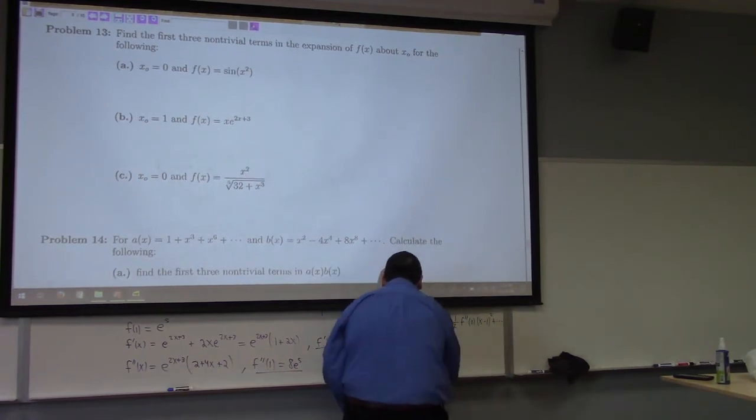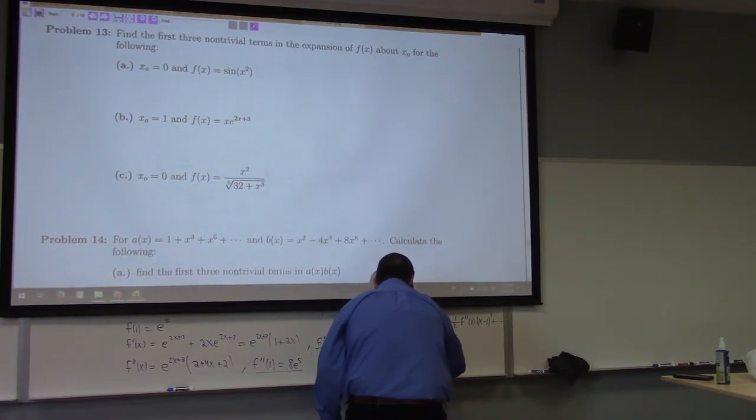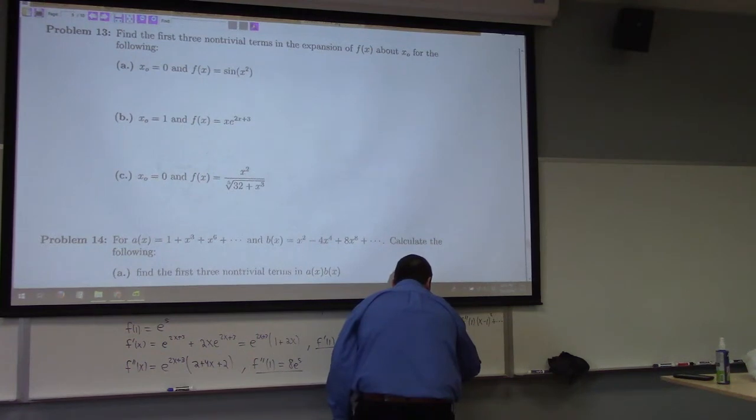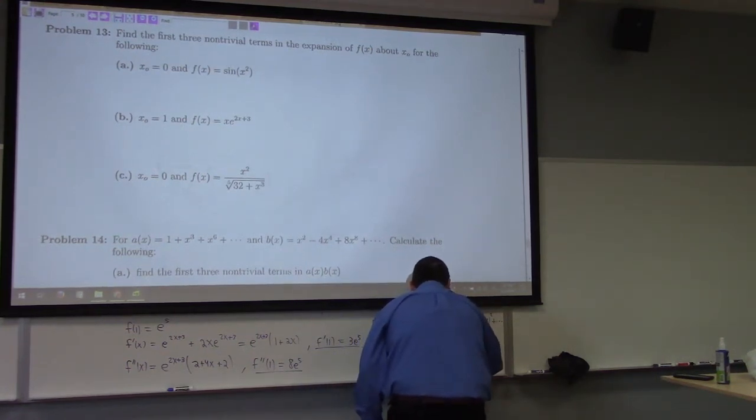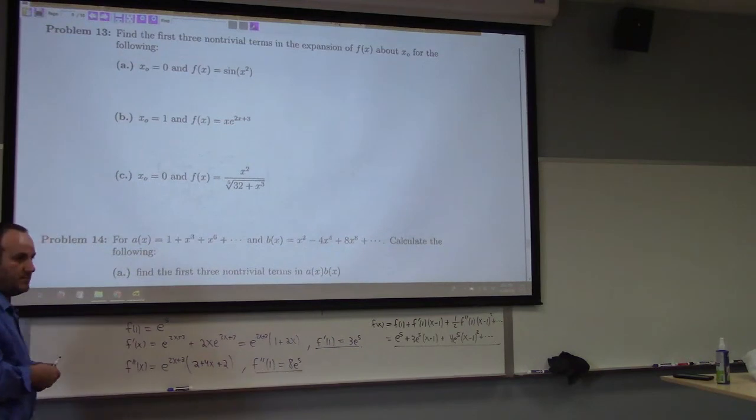Don't forget the plus dot dot dot, and so that would be e to the 5th plus 3 e to the 5 times x minus 1 plus 1/2, well, 4 e to the 5 times x minus 1 squared. And that should be it.